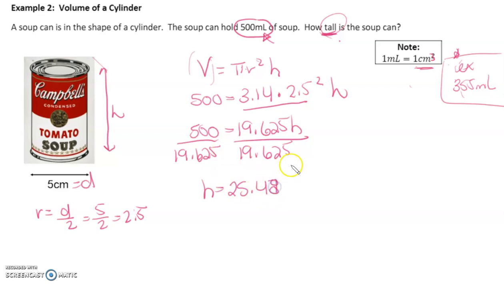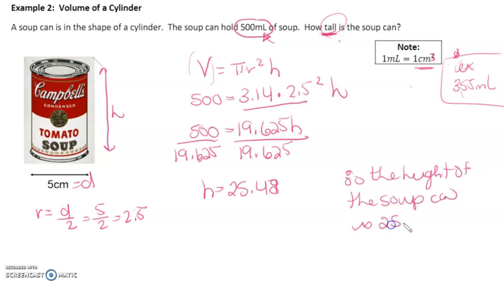Maybe 48, let's round up. Okay, so then we can say, therefore, the height of the soup can is 25.48 centimeters.